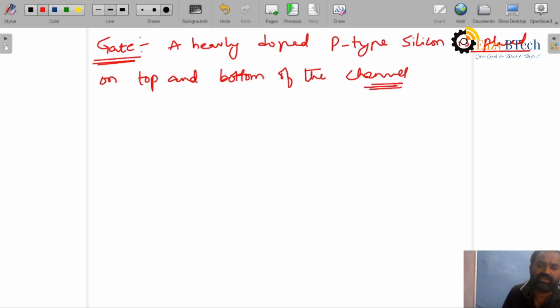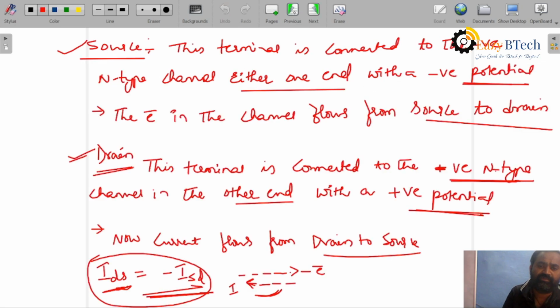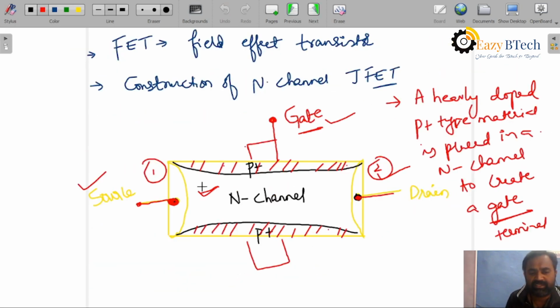Now you can see in this diagram, this is the channel. On the top and the bottom of the channel we are keeping a P plus layer.